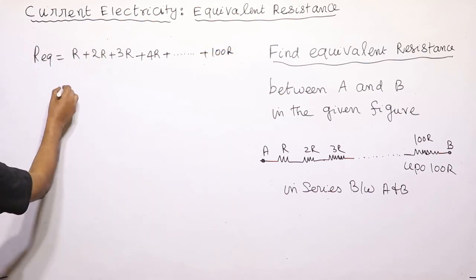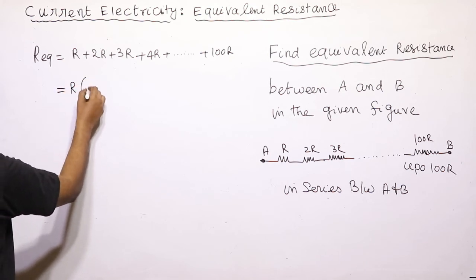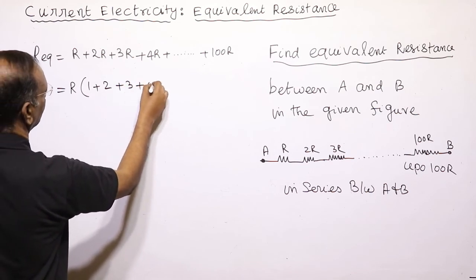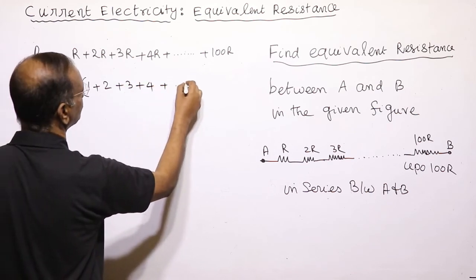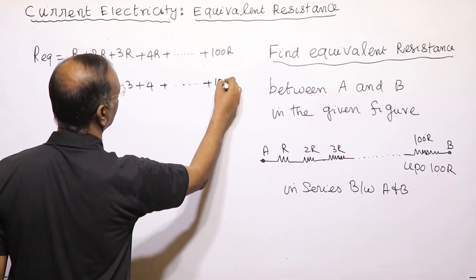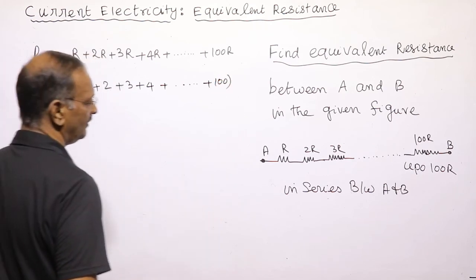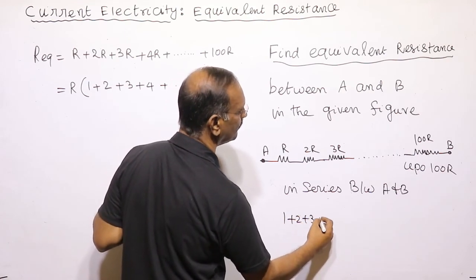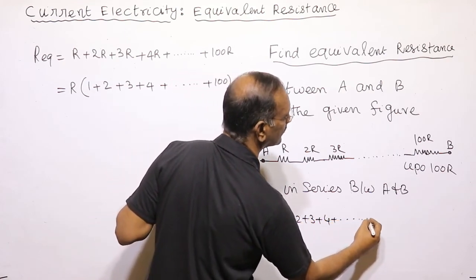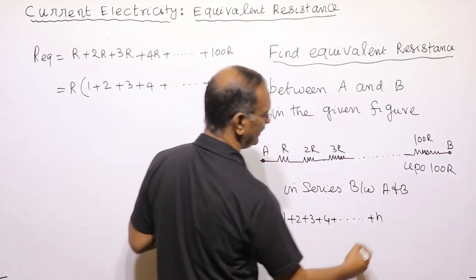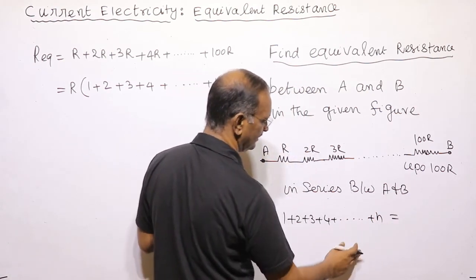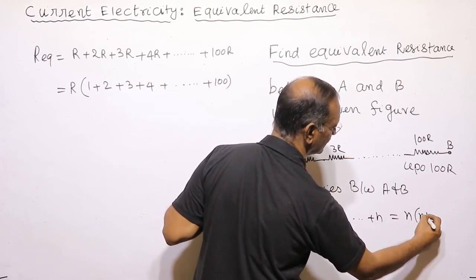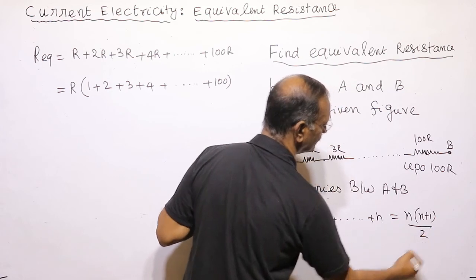If you take R outside, this becomes 1 plus 2 plus 3 plus 4 plus up to 100. We must have studied in lower classes 1 plus 2 plus 3 plus 4 plus up to n. What is its summation? The summation is equal to the last term n times n plus 1, divided by 2.